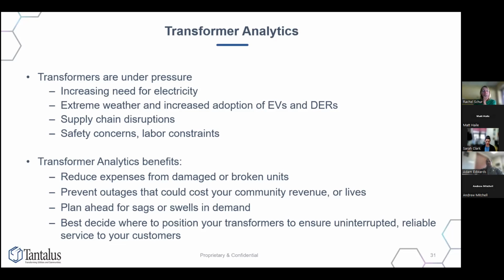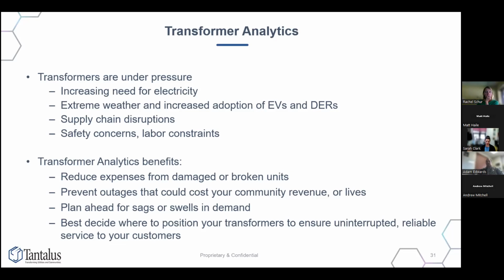There are extreme supply chain disruptions. Again, as I mentioned, we're hearing 12 to 18 months lead time for some transformers. So really the ability to plan to both mitigate, address, and plan issues is increasingly important. And then, of course, from a safety and labor perspective, we want to make sure that we're doing what we can to help you in the current environment.